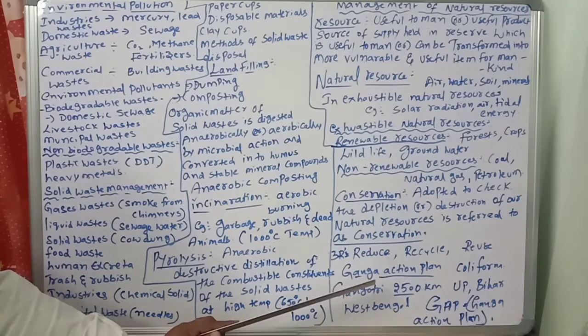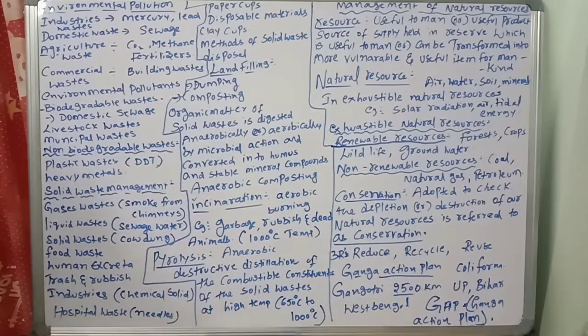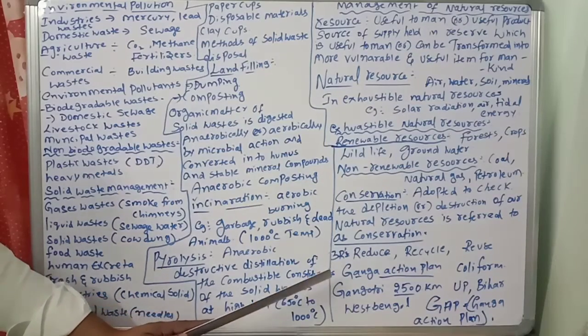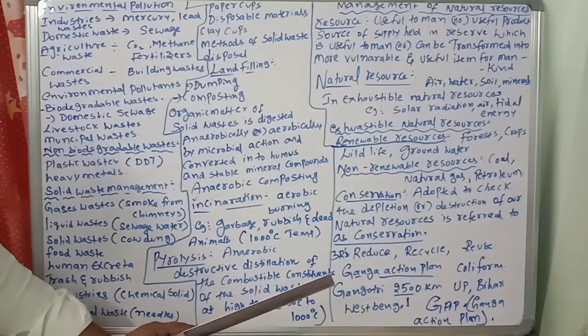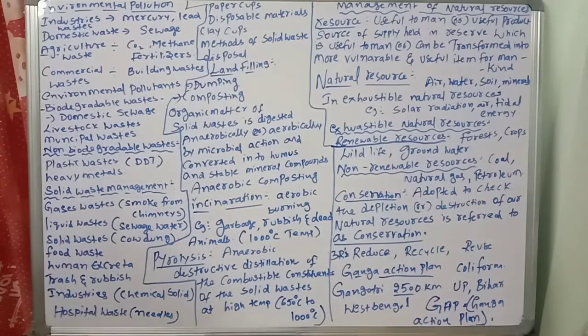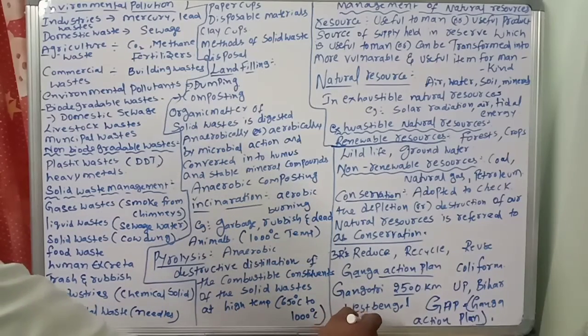So the next important problem is the Ganga River. You must have heard about the Ganga Action Plan. This is a multi-crore project, launched in the year 1985. This is the most important project.